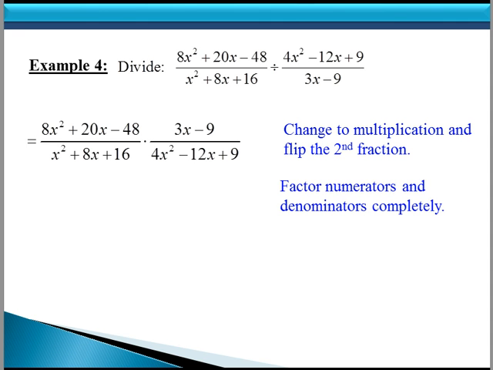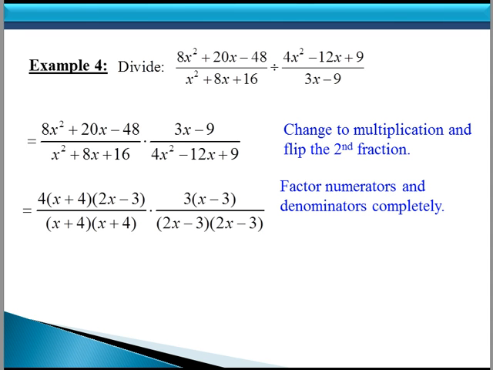When you do your factoring, here's what you should end up with. In the top of the first rational expression, there was a common factor of 4 to pull out. Then the trinomial that's left will factor into x plus 4 times 2x minus 3. So that numerator is factored completely. The denominator of that rational expression will factor into x plus 4 times x plus 4.